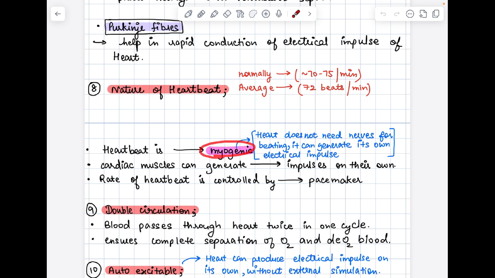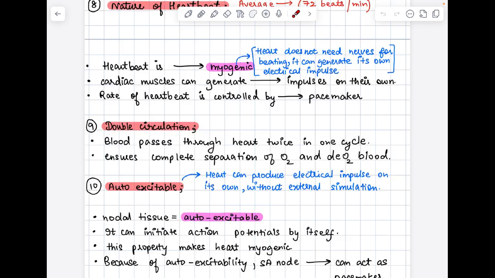Now what do you mean by this term? It means that heart doesn't need nerves for the beating. It can generate its own electrical impulses. Okay? Most important. Cardiac muscles can generate impulses on their own. Rate of heartbeat is controlled by pacemaker.